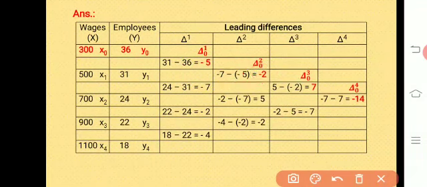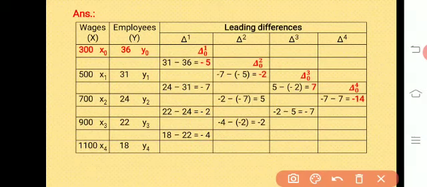Next is this: minus 2 minus minus 7, so minus 2 plus 7, which is equal to 5. And the last is this: minus 4 minus minus 2, so minus 4 plus 2, which is equal to minus 2.